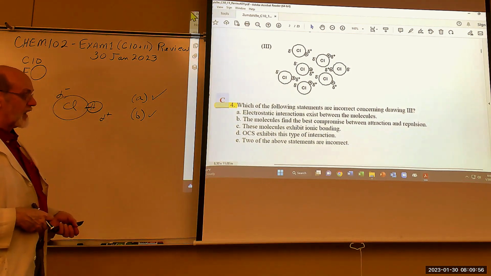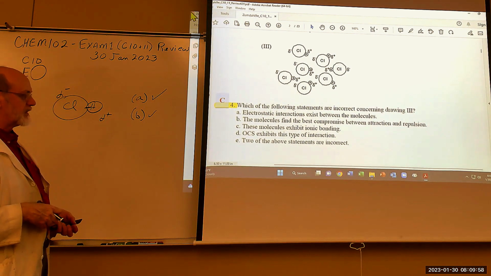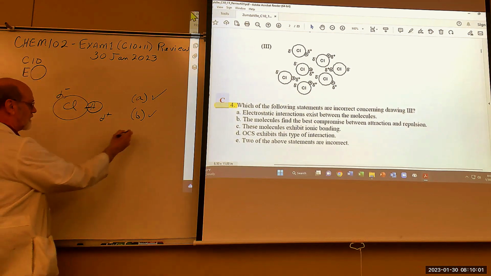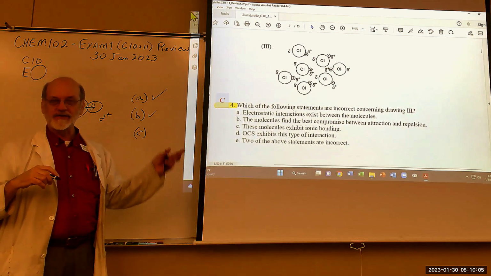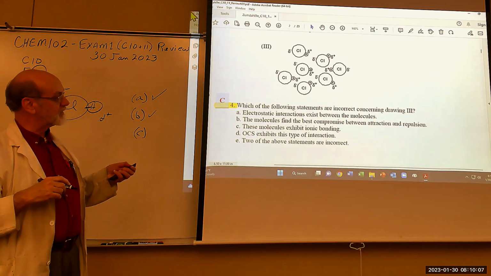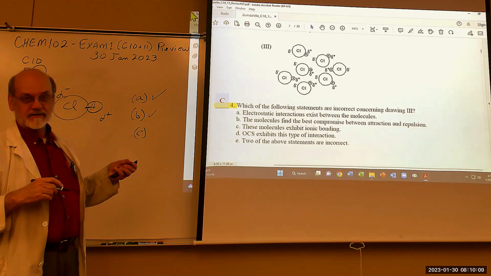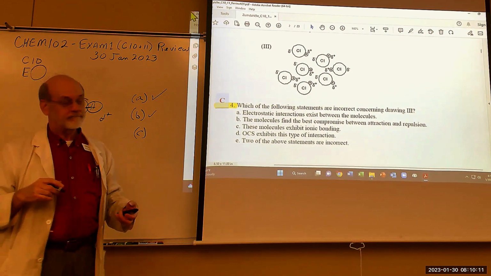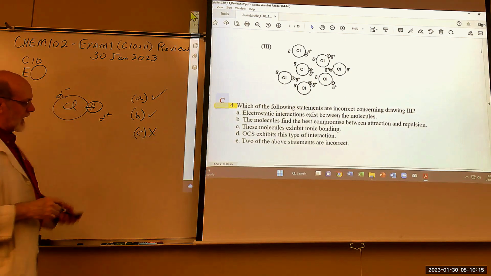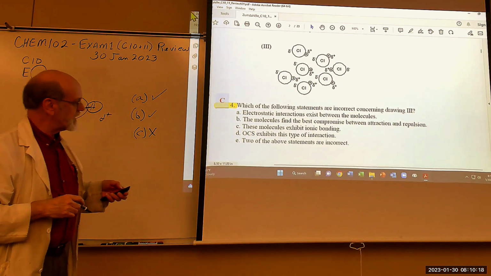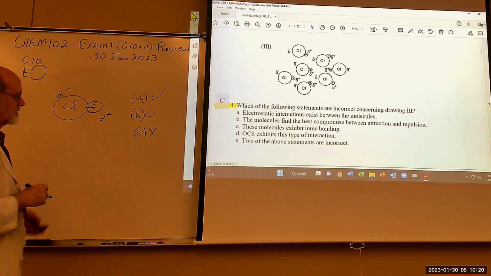So they find a compromise. These molecules exhibit ionic bonding. Is that true? Oh, there are no ions there. I mean, we've specified that these are partial charges, not complete charges. So that was false.